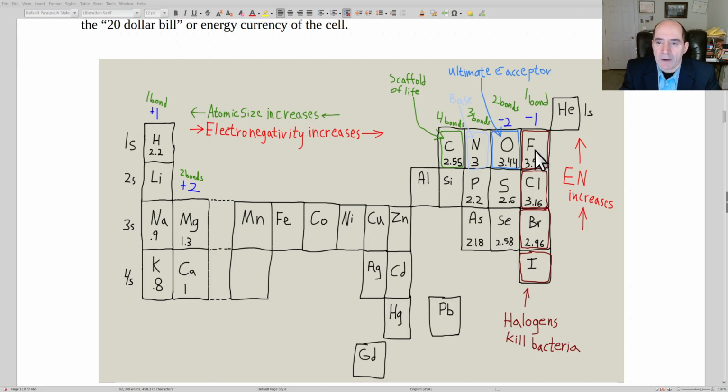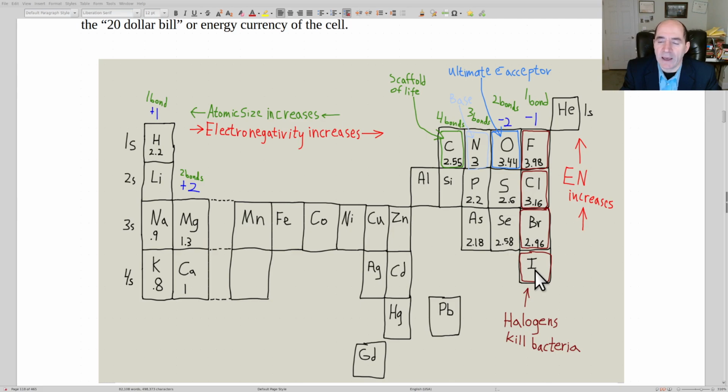Okay, one of the things you'll notice in this vertical column of elements in the periodic table is these are called halogens, and every single one of them is quite toxic to living things. F minus, Cl minus, bromine, iodine. Even though we do use some iodine to make our thyroid hormone, you can also use iodine for surgical prep.